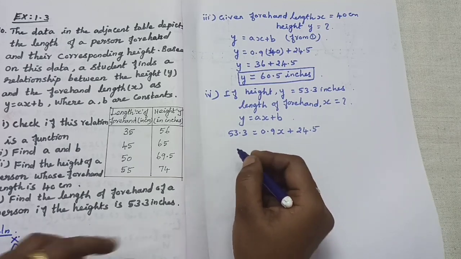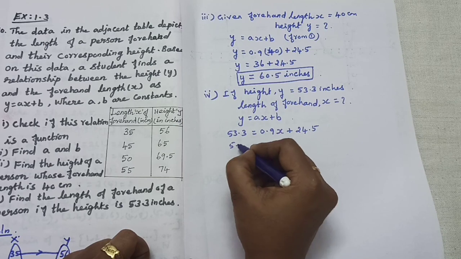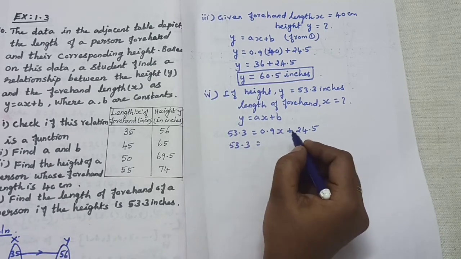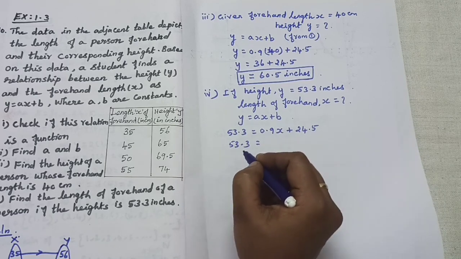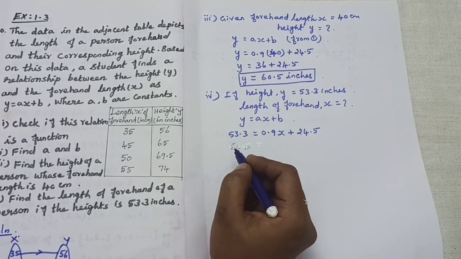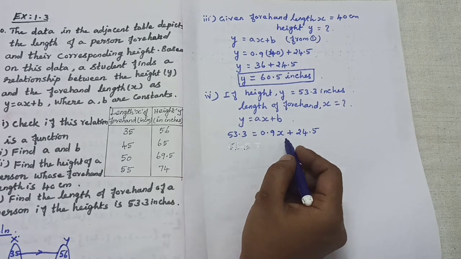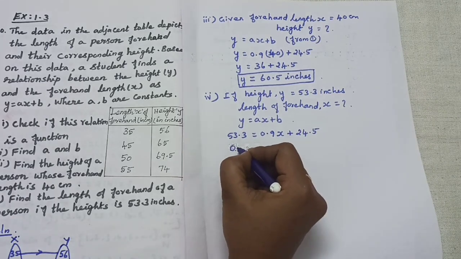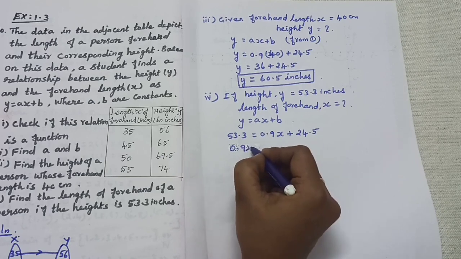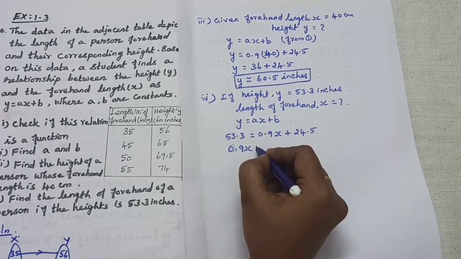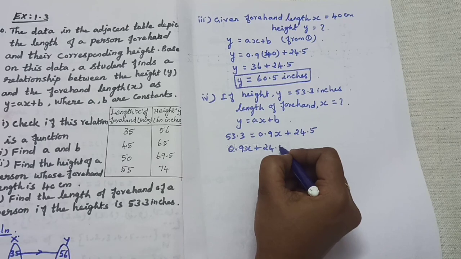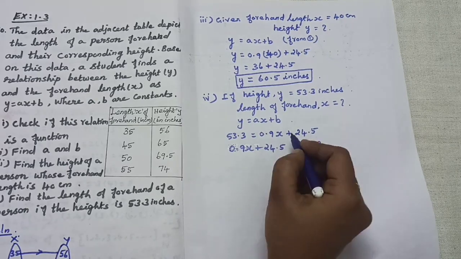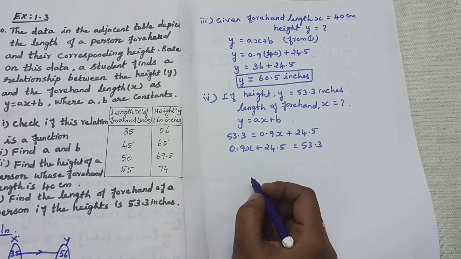Then 53.3 is equal to 0.9x plus 24.5. Shall we interchange the values? Yes. We interchange the values.